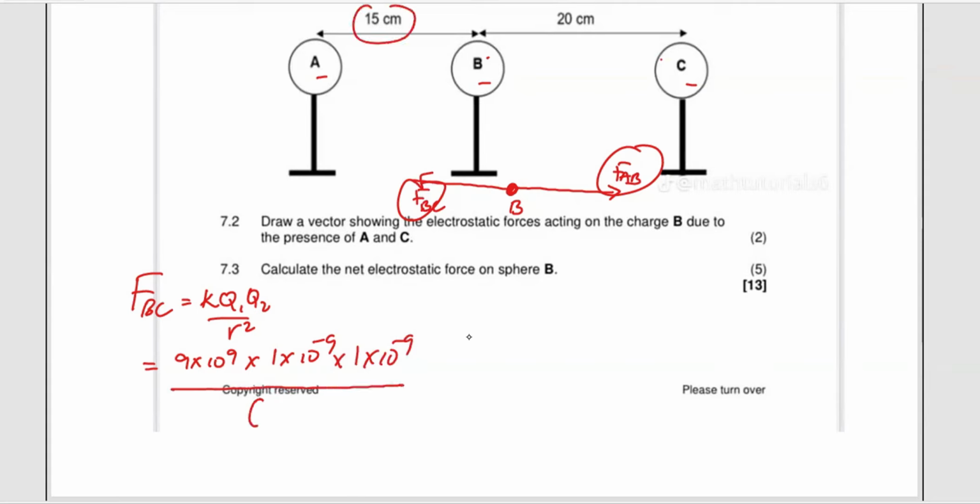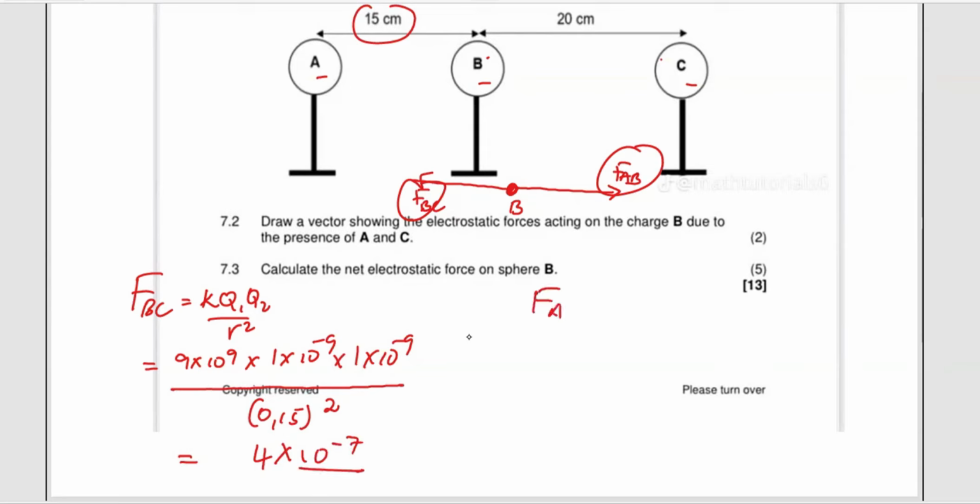We change that to meters, it's going to be 0.15, squared. I punch that and I'm getting 4 times 10 to the negative 7. That is for BC.